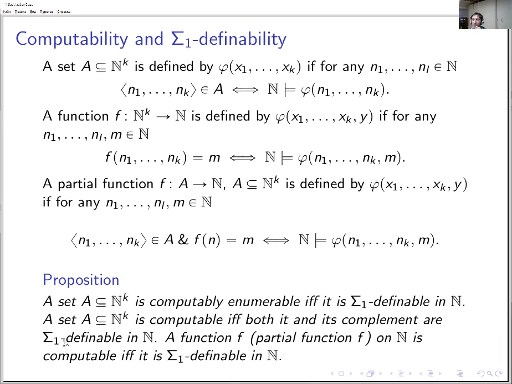This is called delta 1 definability. And finally, computable functions are exactly the sigma 1 definable functions, and partially computable functions are the sigma 1 definable partial functions.